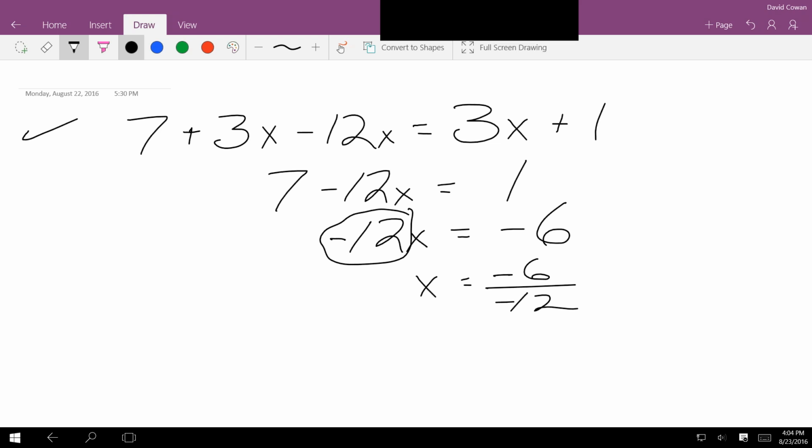And what does that simplify to? What is minus 6 over minus 12? A half. Negative a half? Not negative a half. I'm dividing a negative by a negative, so that's always positive.